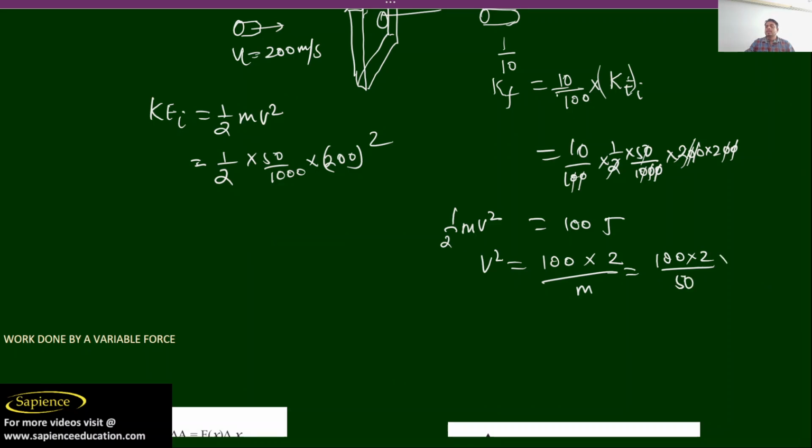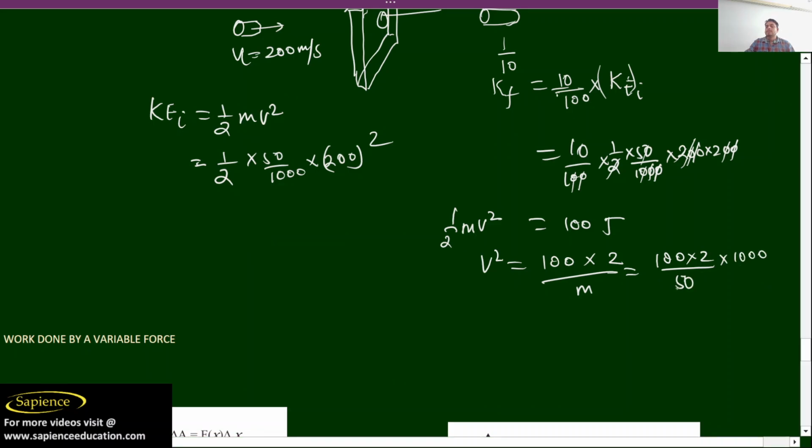So this will be 4000, equal to v square. So v will be equal to 20 root 10 meter per second. So this is the final velocity.